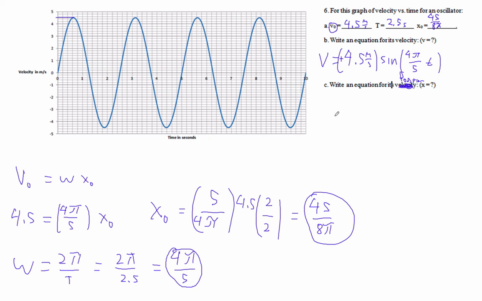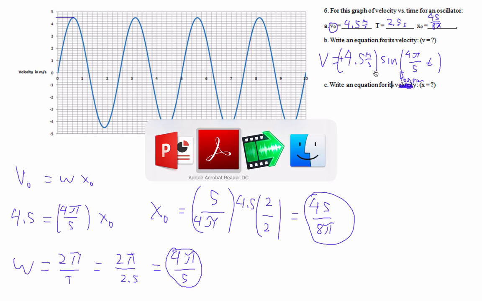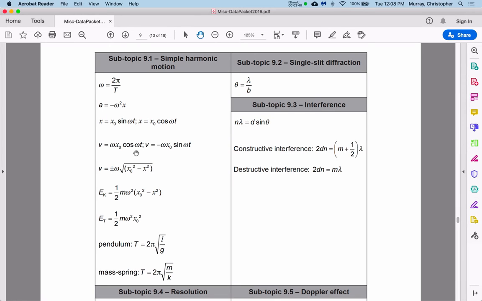Okay, now we got to write an equation for the position. This will be our x naught, right? So if the velocity is a sine, the question is, what is the x? Okay, so look in your data packet. We know that if the velocity is negative sine, then x is positive cosine.